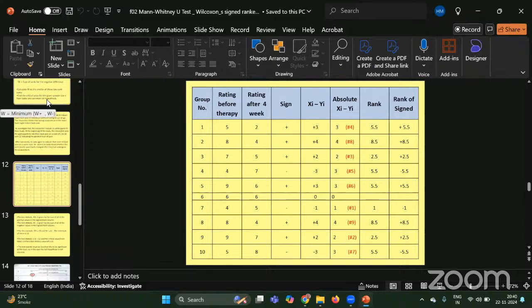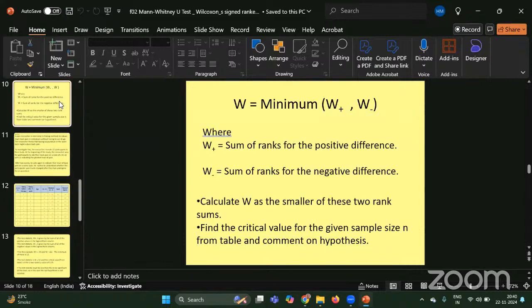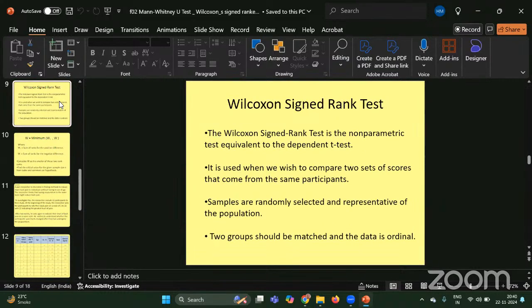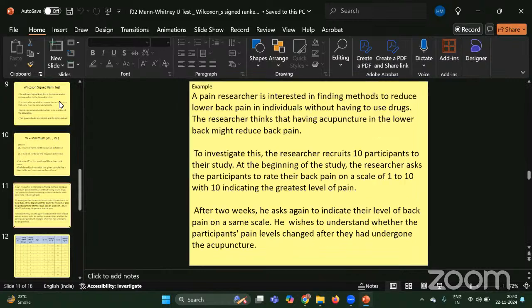And that's why you are going to use the Wilcoxon sign rank test, when you have 10 or 15 or 5 patients, and patients may improve or may deteriorate, and you are making a sign minus or plus. At that time Wilcoxon sign rank test will be utilized.